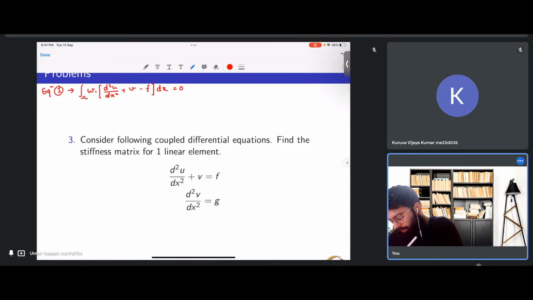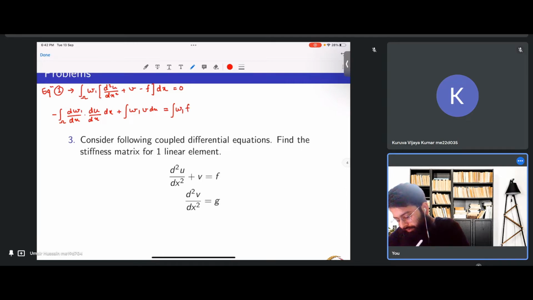So this, integrating by parts, we get this. I'll just write the boundary term later.